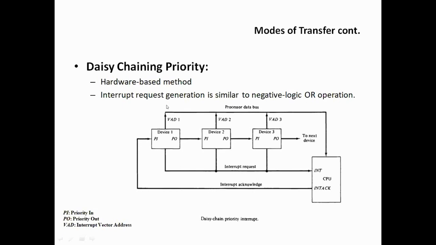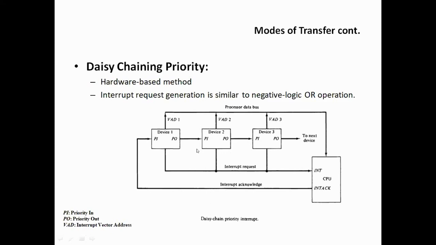Here, this diagram summarizes the concept of daisy chain priority interrupt. So we have three devices. For example, this may be magnetic disk, magnetic tape, then keyboard, and all are connected to the CPU. Data transmission is to be done between these.